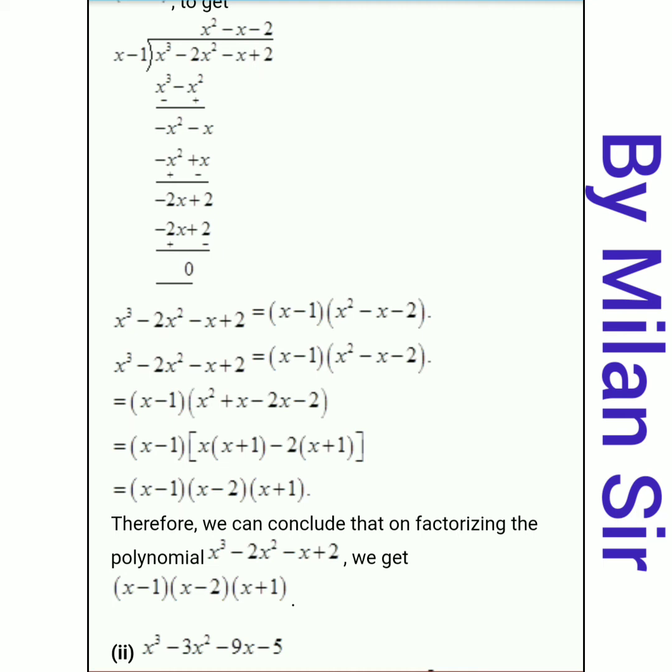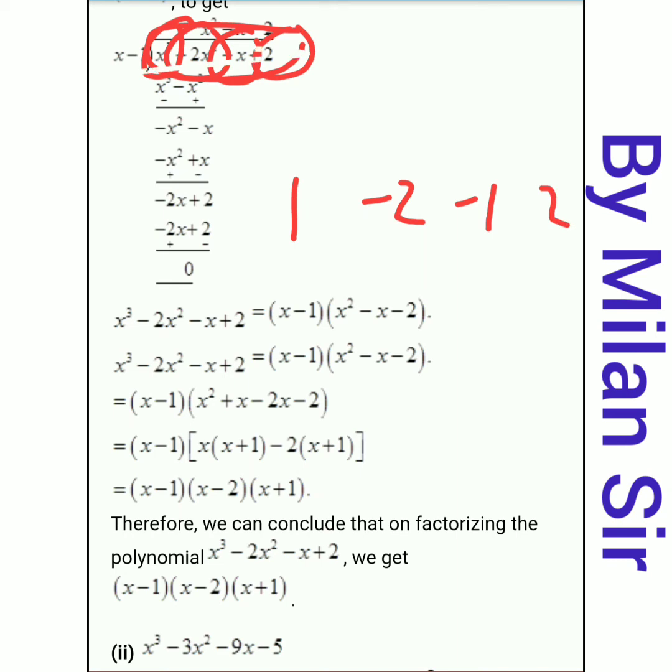That means in g of x, if we have a linear polynomial, at that time we can use this method. In this other method, what we need to do is write the coefficients. First of all, the coefficient of x cube is 1. The coefficient of x square is minus 2. The coefficient of x is minus 1. And the constant term is 2.